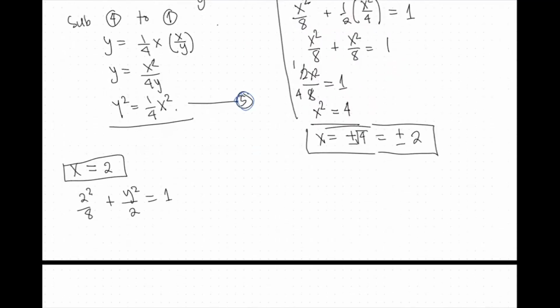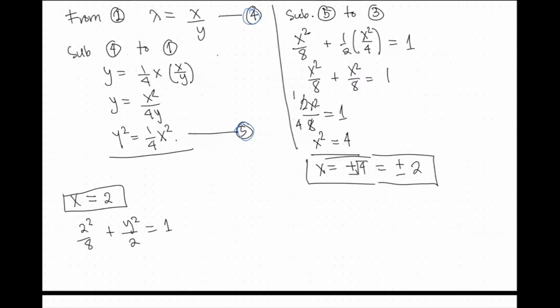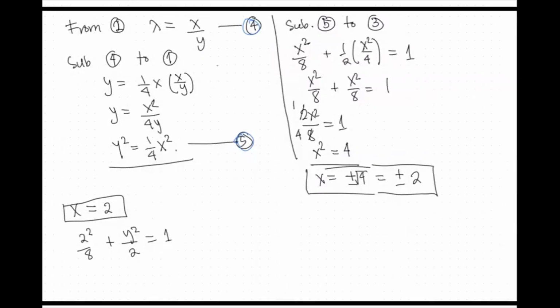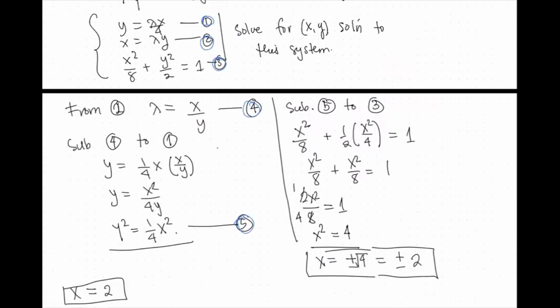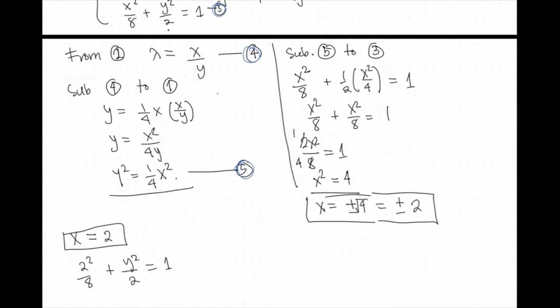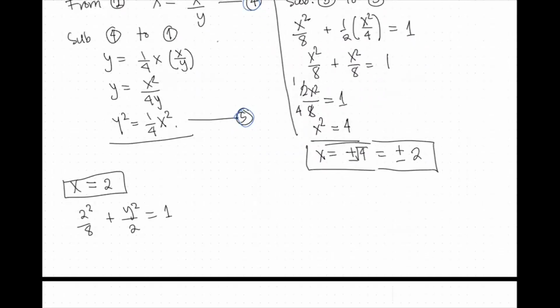So in this equation here, that means 1 minus 1/2 is y squared over 2.